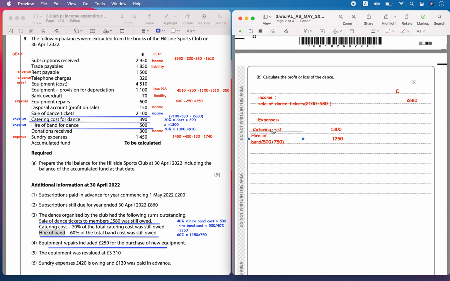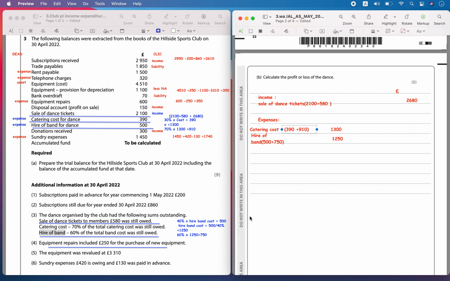So 1250. Even in the catering cost we have to identify: the part that is paid is 390, plus the remaining 910 is still owed. So the total expense was 1300.